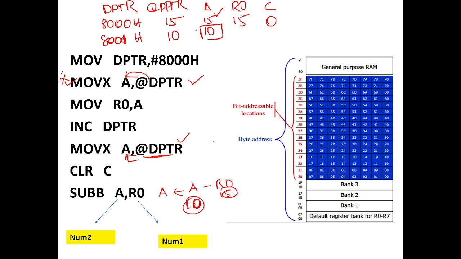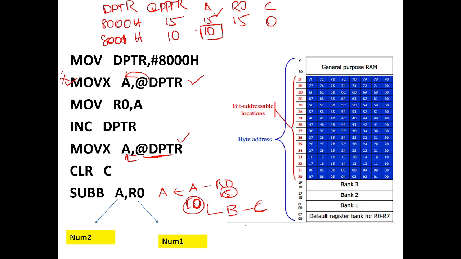So you can see 10 is the smaller number and R0 is the bigger number. If you subtract these numbers, surely you will get a borrow. If you get the borrow, the carry flag will be set. If you do the subtraction, let me check what you will get.